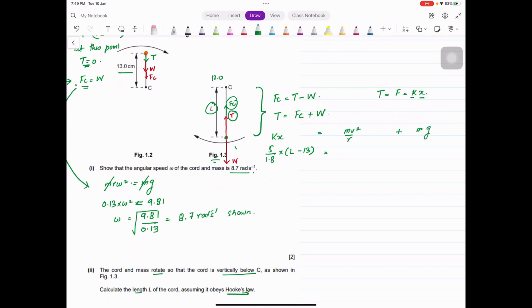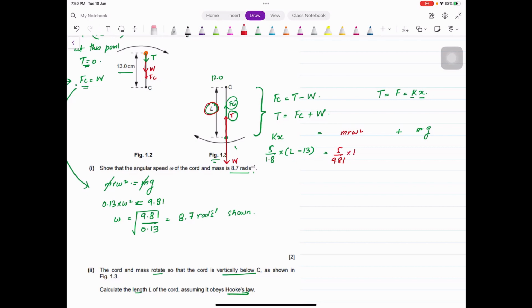Okay, then let's look at this one. We don't know the mass, and we can find the mass from the weight, because the weight was 5 Newton. So we could say 5 divided by 9.81 would give us the mass. We have m r omega squared, sorry, so 5 divided by 9.81. We don't know the radius, because the radius has to be equal to the length now.